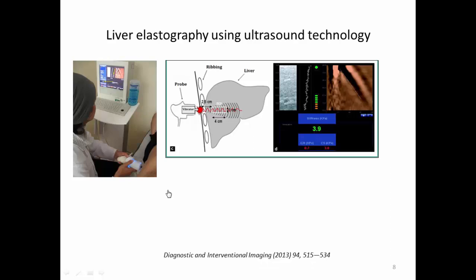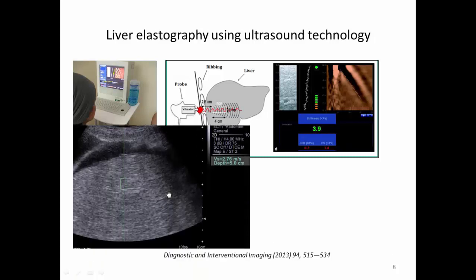FibroScan provides quantified data of the liver stiffness, displayed in kilopascals, but it provides no imaging information. Ultrasound-based elastography, like point shear wave elastography, provides numerical data of the shear wave velocity, and also gives us imaging information to show the region we are actually measuring.